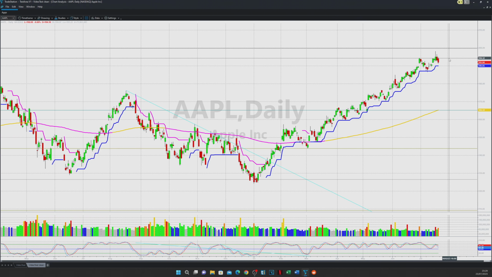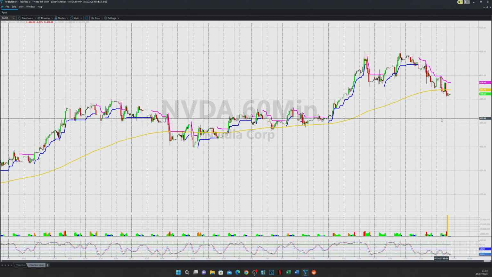Could see it as sort of a break, and I probably could see lots of sellers coming back to NVIDIA at their 424, 425 and starting to short it. I don't like this big volume at the end of the session. Could mean be very careful.